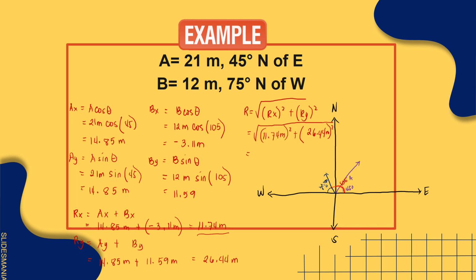Okay, let's compute. Square root of 11.74 squared plus 26.44 squared. We got 28.93 meters. And for the angle, let's write here, theta is equal to tan inverse Ry over Rx.